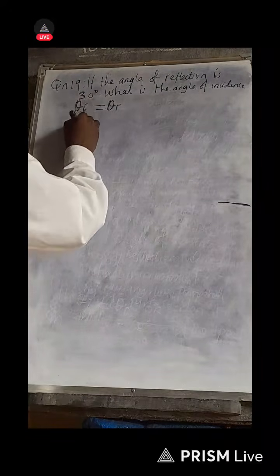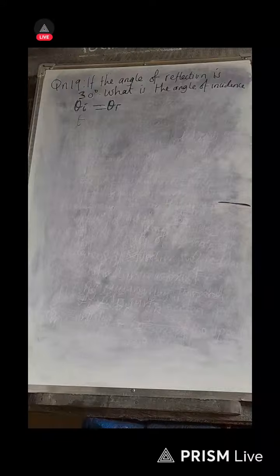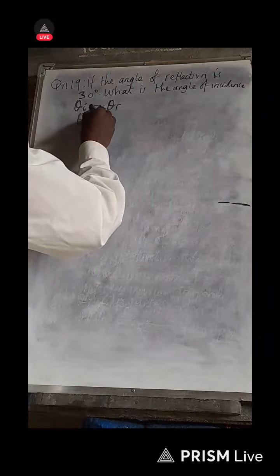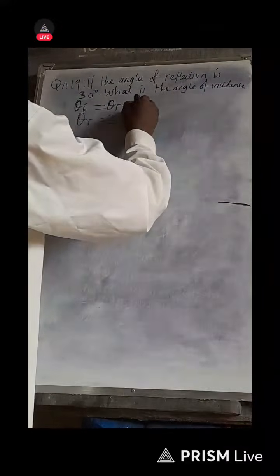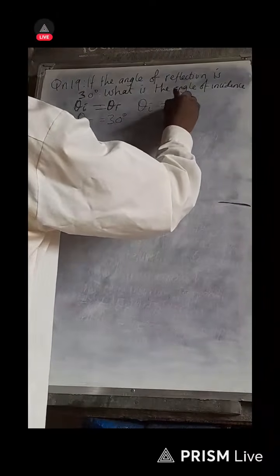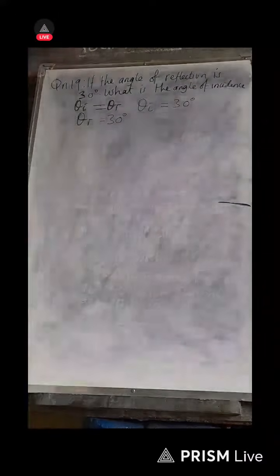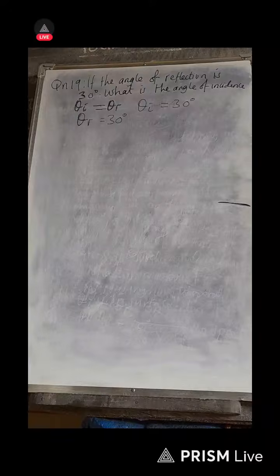So if the angle of reflection is equal to 30 degrees, the angle of incidence will also be equal to 30 degrees. That is very important to be noted about question number 19.